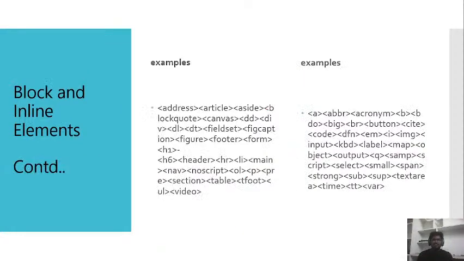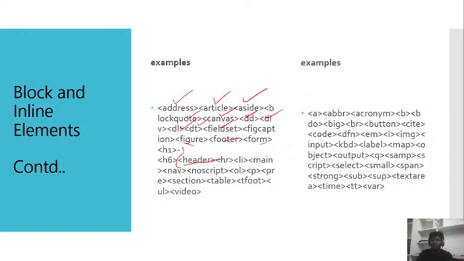See here, the block level elements are address, article, aside, blockquote, canvas, dd, div, dl, dt, fieldset, figcaption, figure, footer, form, h1 to h6 headings, and header. These are block level elements.